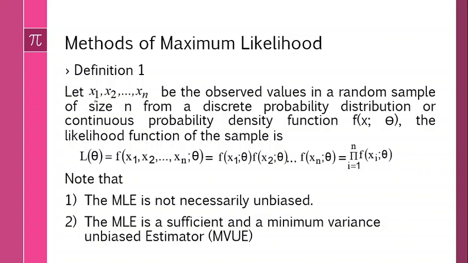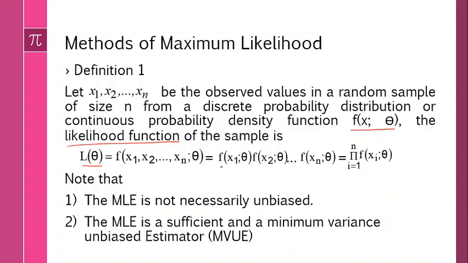Let x1 until xn be a random sample of size n from a discrete probability distribution or continuous PDF. The likelihood function of the sample, which is the likelihood function of parameter θ, L of θ, is equal to f of x1 until xn with parameter θ.